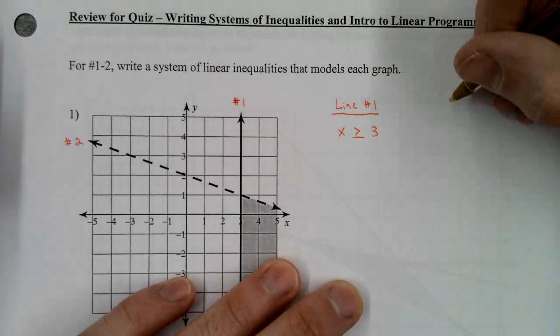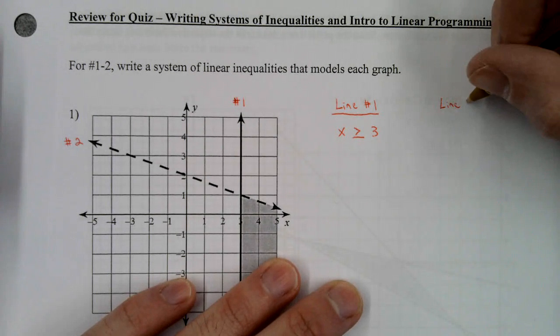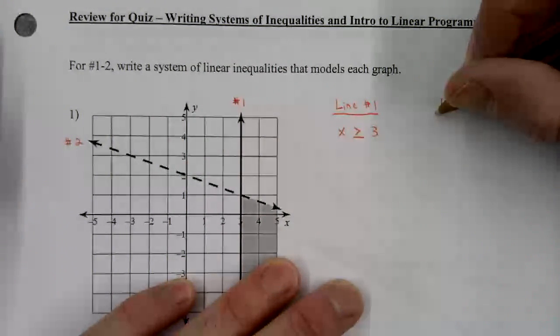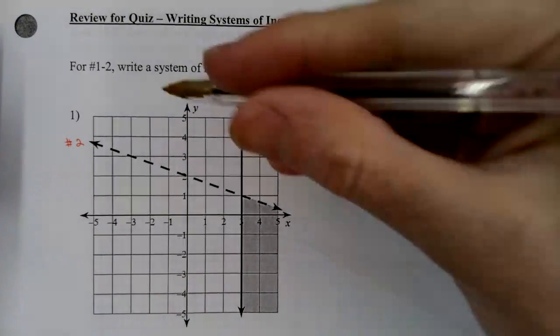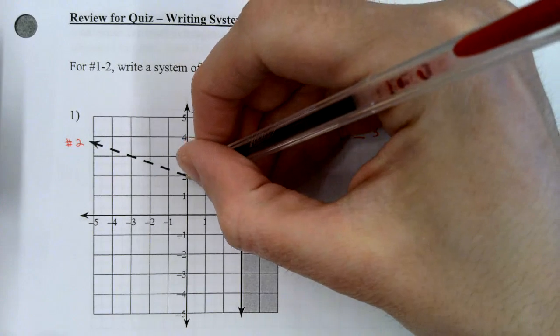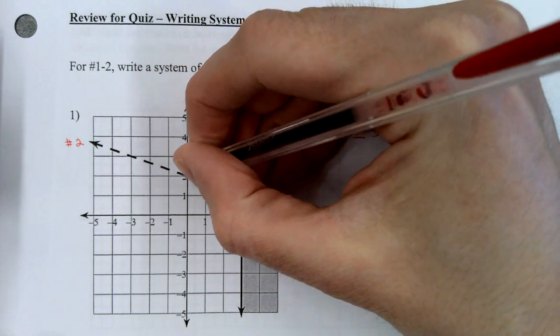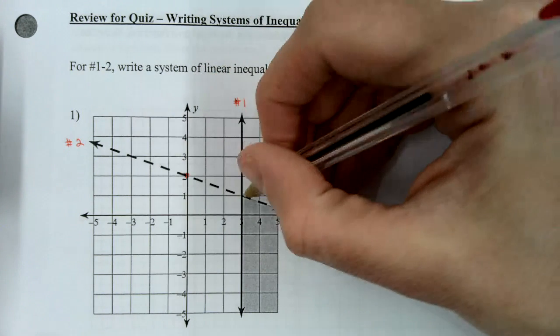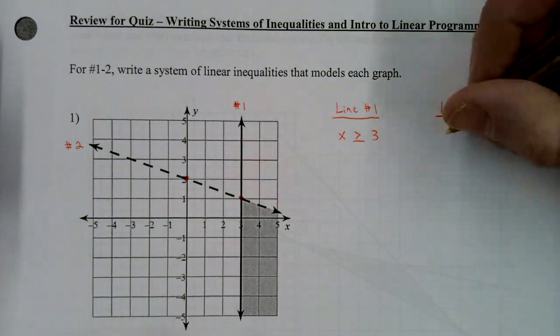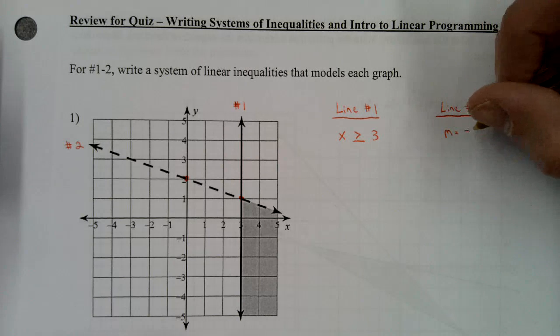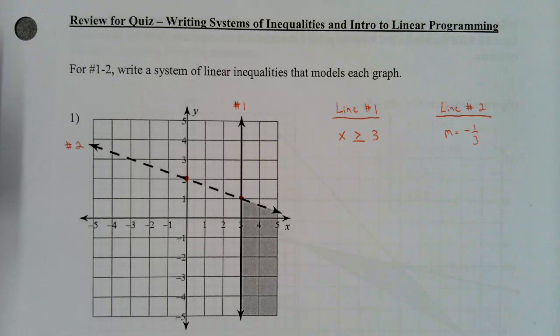Line number two. Let's first identify the slope and the y-intercept. So the y-intercept looks like 2. Going down 1 and right 3, it looks like the slope is negative 1/3. And the y-intercept is 2.